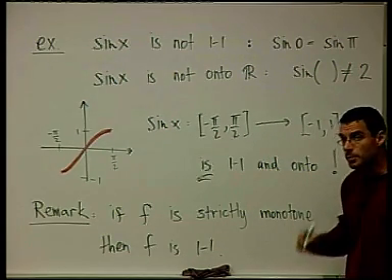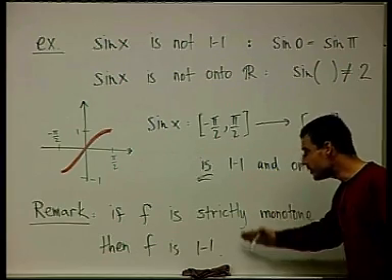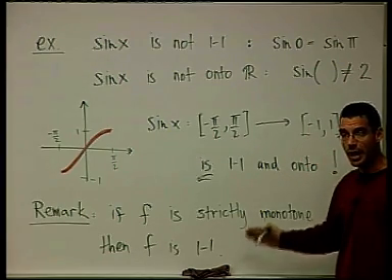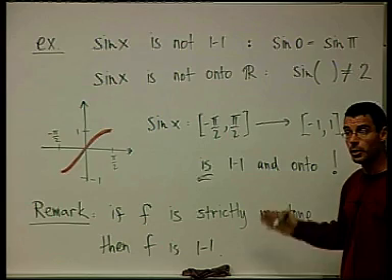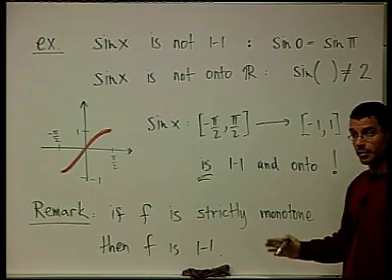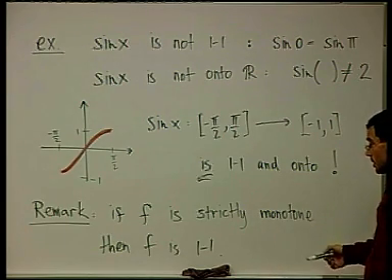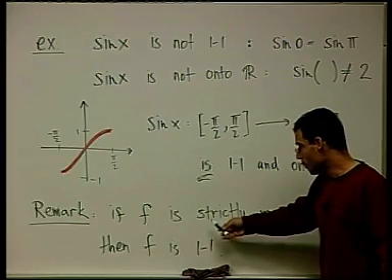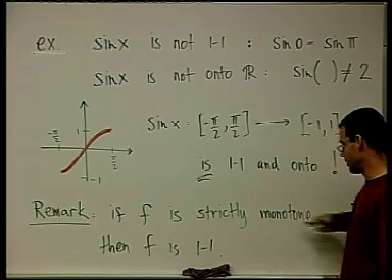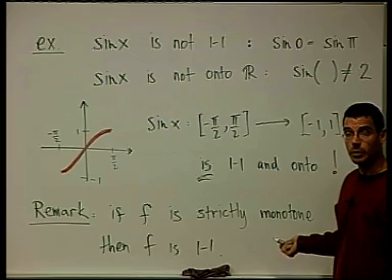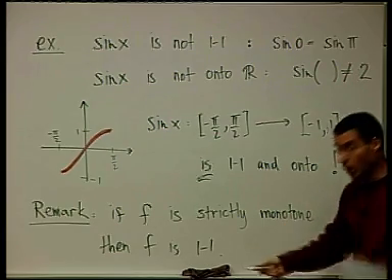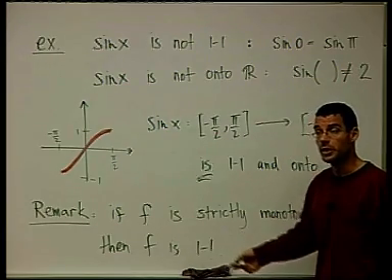And a very good practice would be to try to prove this. Try to write out a formal proof. Okay, a formal proof would look something like this. We are given, and write the definition of strictly monotone. We need to show, and write the definition of one-to-one.